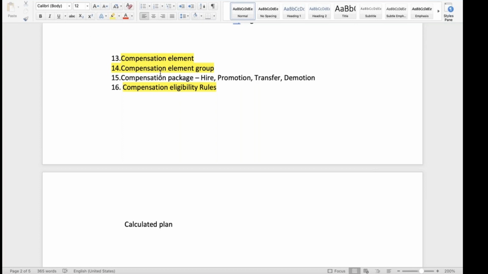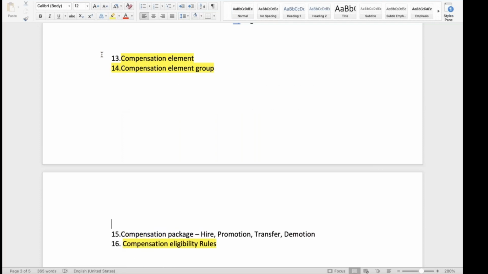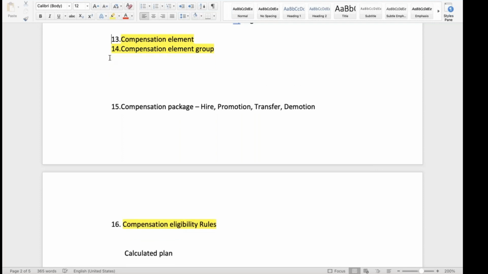Compensation element group. So this is optional. Normally we won't create. But what is meant by element group? Grouping multiple compensation elements. For example, let's say the benefits team has a requirement.